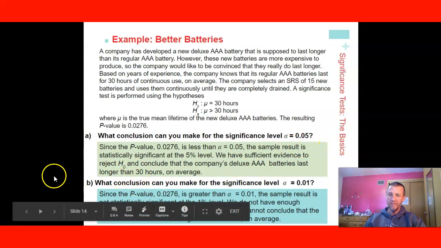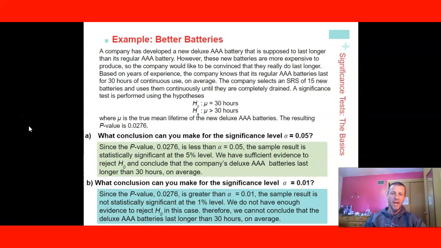But if somebody had said, we have to be so sure about this, we've got to be so far out there in that tail that there is no other solution that's possible, we're going to use alpha equals 1%. Now is 0.0276 a low number? Well, it's kind of low, but it's not low compared to 0.01. It is not enough to reject the null hypothesis.